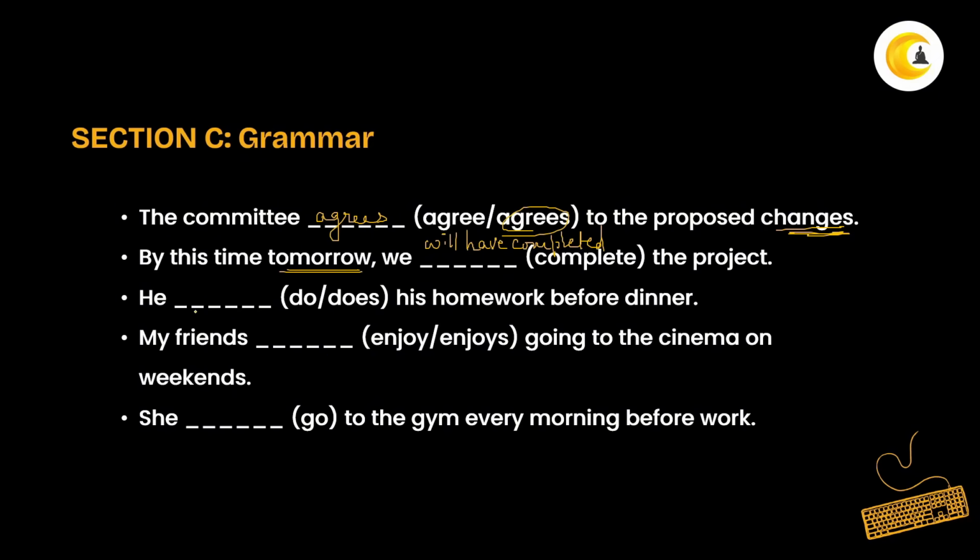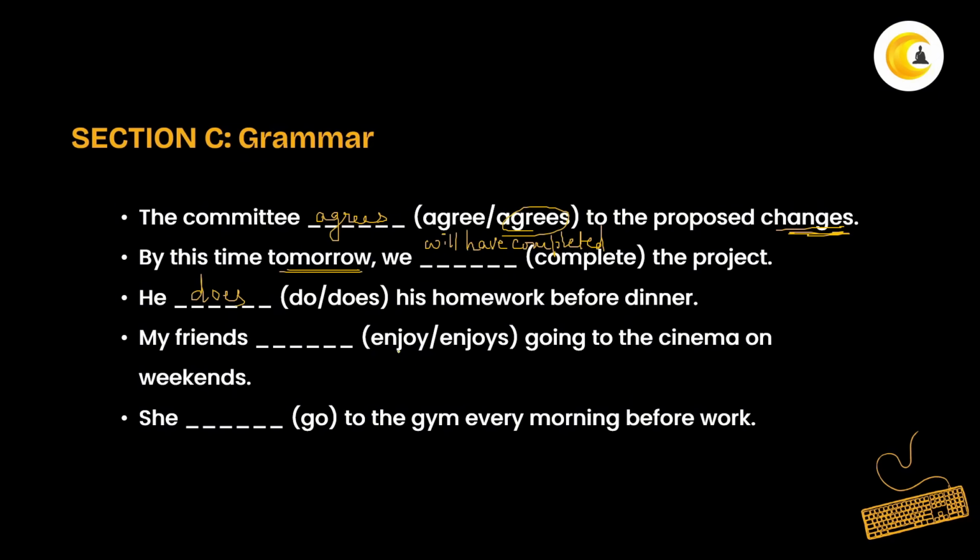Okay. He dash his homework before dinner. He do or does? He, it's about every day. It's not just about today. If it was about today, it would have said today. He did it just today. So he usually does his homework before dinner. Okay? Next one.